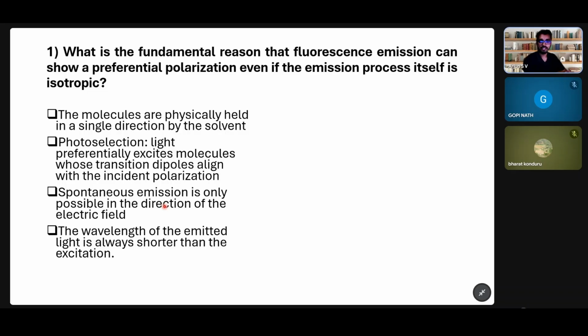And in option 4, the wavelength of the emitted light is always shorter than that of the excitation. That also might not be true, because you also have fluorescence emission processes where the emission wavelength is longer than the excitation wavelength, which is quite common, I would say, compared to the other process.